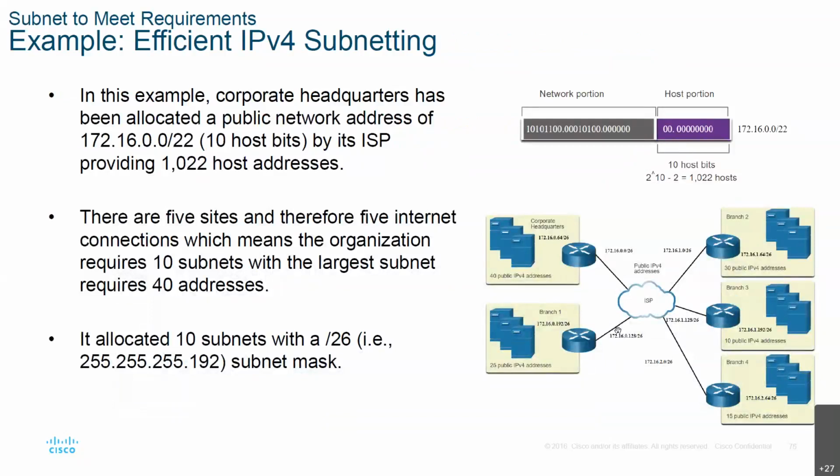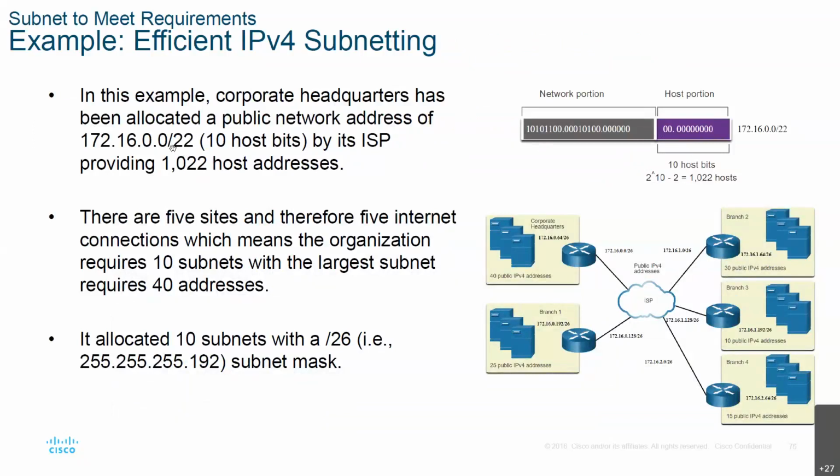Let's look at this example. To drive our knowledge home, this example is very good. In this example, corporate headquarters has been allocated a public network address of 172.16.0.0/22. That means the network address is 22 bits.